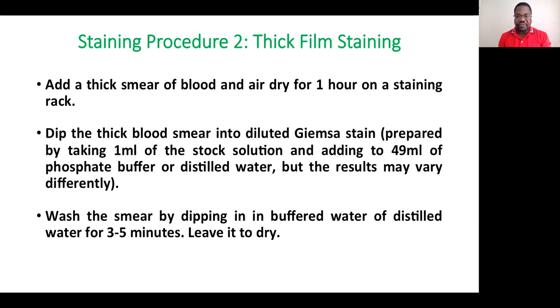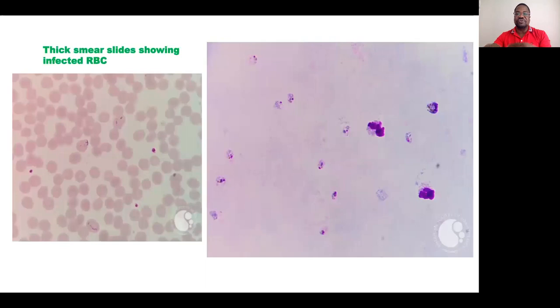Then you dip your thick smear into the diluted Giemsa stain. Then you wash the smear by dipping in buffered water or distilled water for 3 to 5 minutes. Then you leave it to dry. Then you are ready now to do the reading.